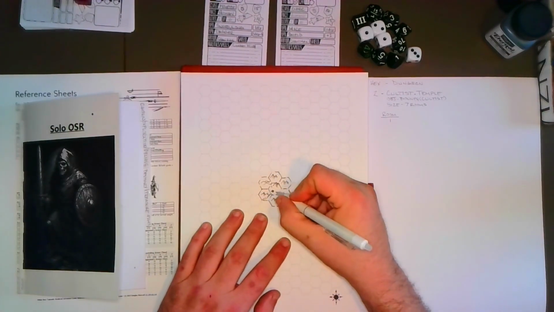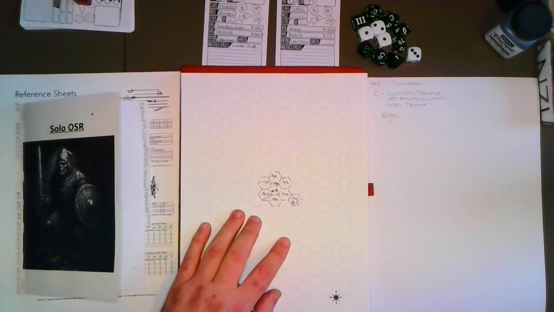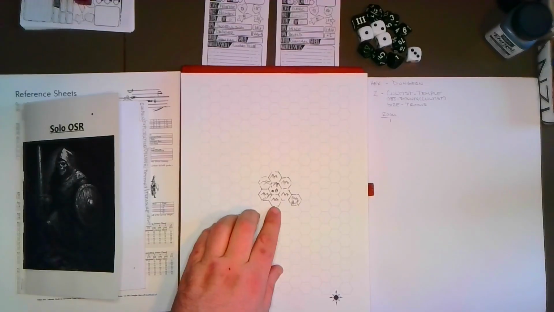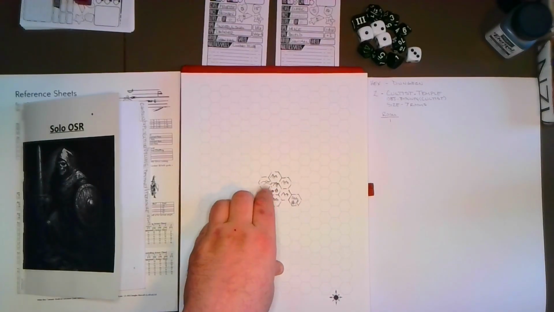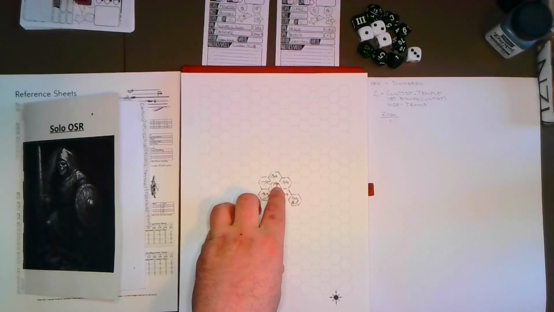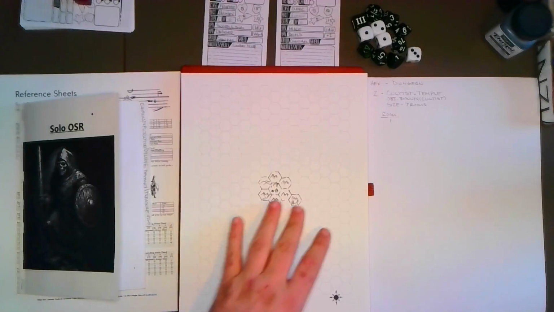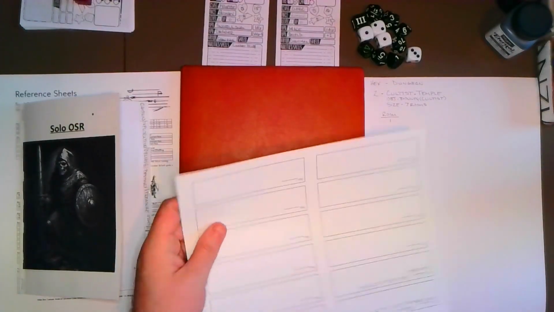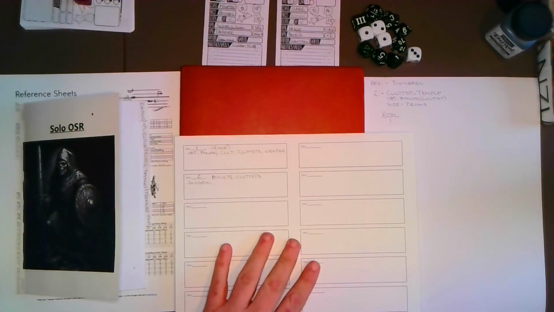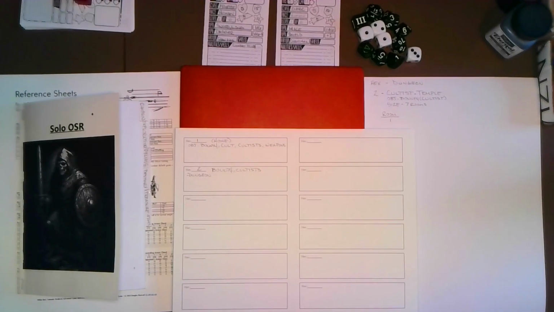I was originally using his method, which is not that much different. This is the home hex in the middle. I rolled all the surrounding hexes, and in this direction, 2 hexes away was my objective, which is to collect or carry out a bounty.